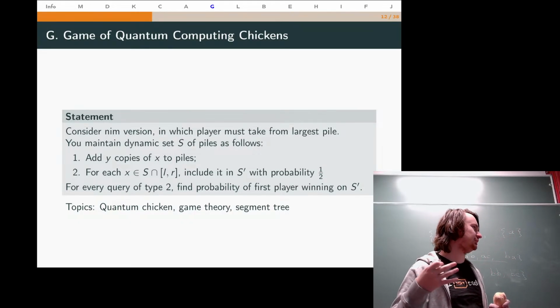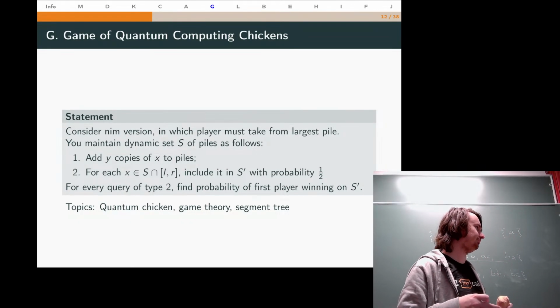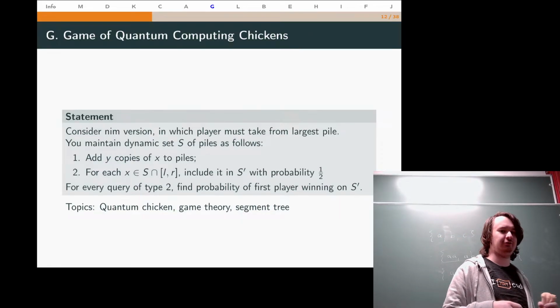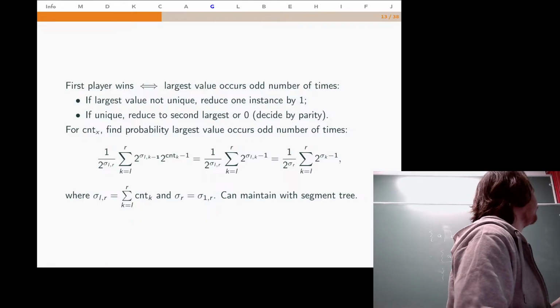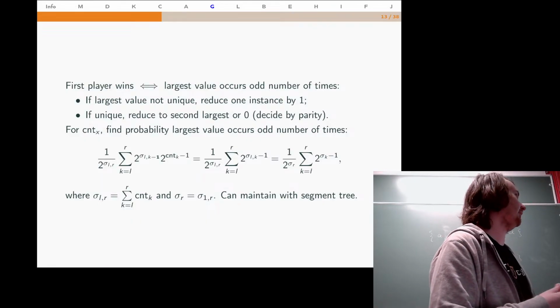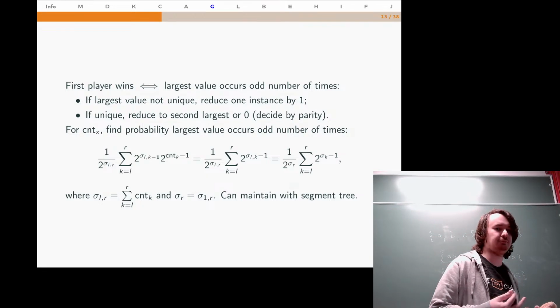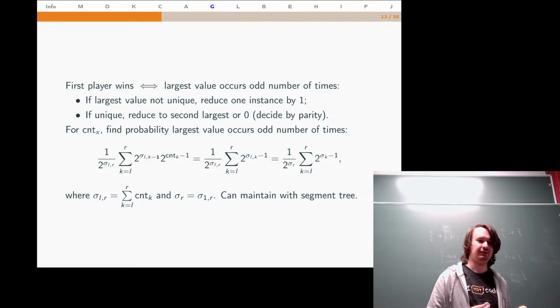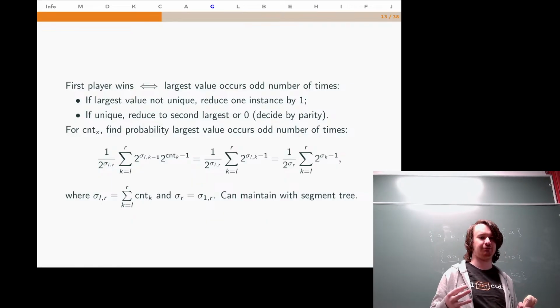After each query of type 2, we need to find the probability that the first player will win playing this game. First of all, let's think about the criterion for the win for the first player. As it turns out, after some analysis, the first player wins if and only if the largest value among the piles occurs an odd number of times.